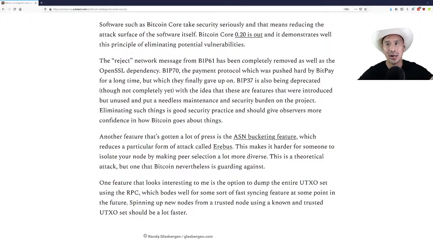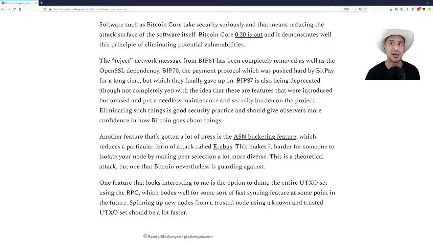If you remember, OpenSSL had the Heartbleed vulnerability not too far back, and it was revealed then that there was like one half-time developer on this very important open source project. So by getting rid of the OpenSSL dependency, it's a lot easier to create more secure software, because now you control the stack essentially.